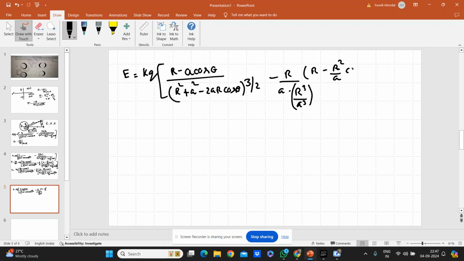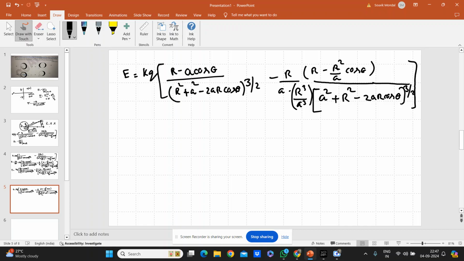It is r minus r square by a cos theta. If you take r cube by a cube, you have to also take a cube by r cube. And when you put that a cube by r cube in the power of 3 by 2, that will become a square by r square. So the first term becomes a square, the second term becomes r square, and the third term becomes minus 2ar cos theta.